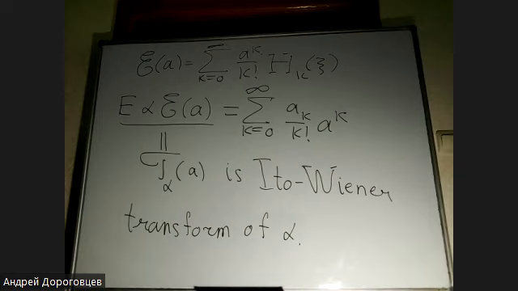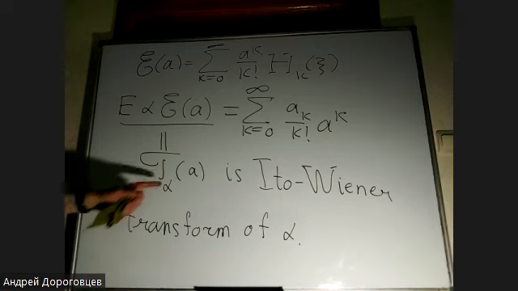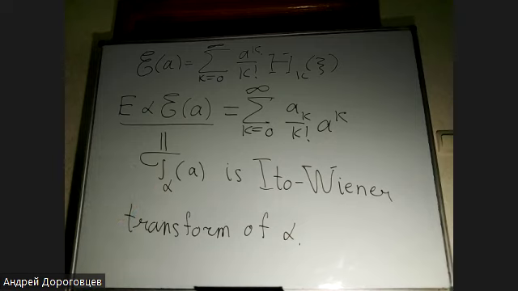Based on this, we know how to find coefficients for the expression of any random variable as a series of Hermite polynomials. Next time we will discuss properties of random variables relative to their representation. And today that's all. Thank you for your attention.